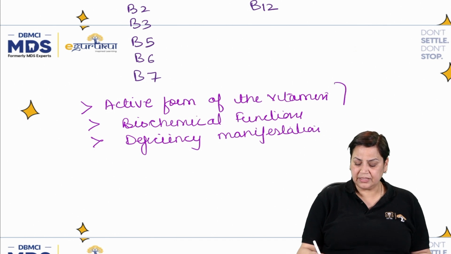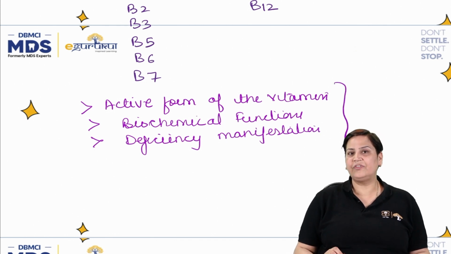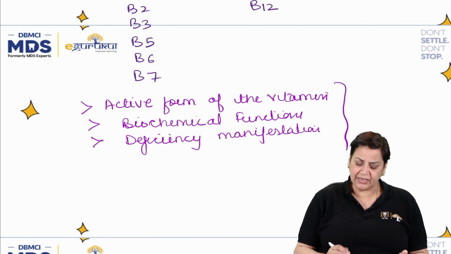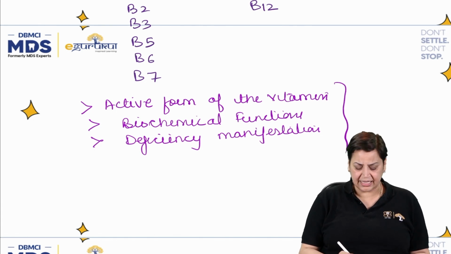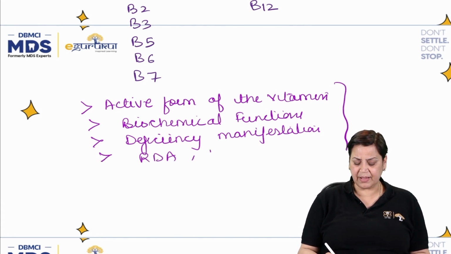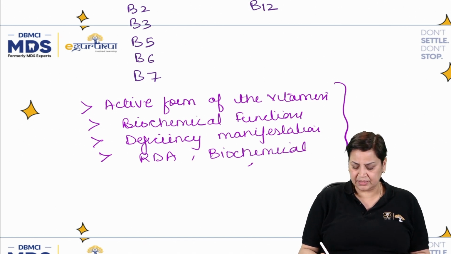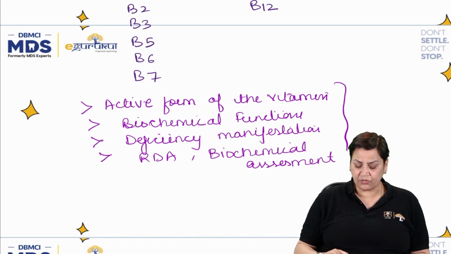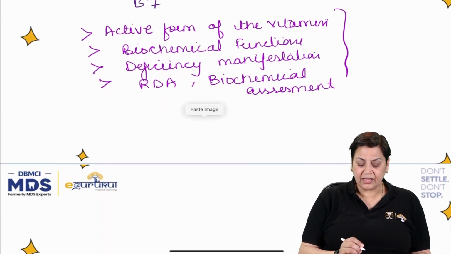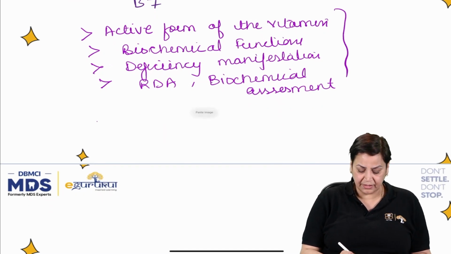These are the three aspects on which you have to pay attention and learn. The rest of the things are like RDA, and biochemical assessment in some of the vitamins, because questions have been asked. Now, first of all, we are going to start with vitamin B1.